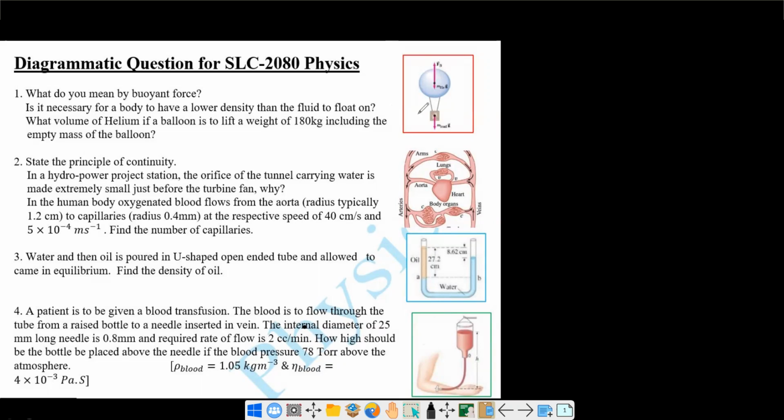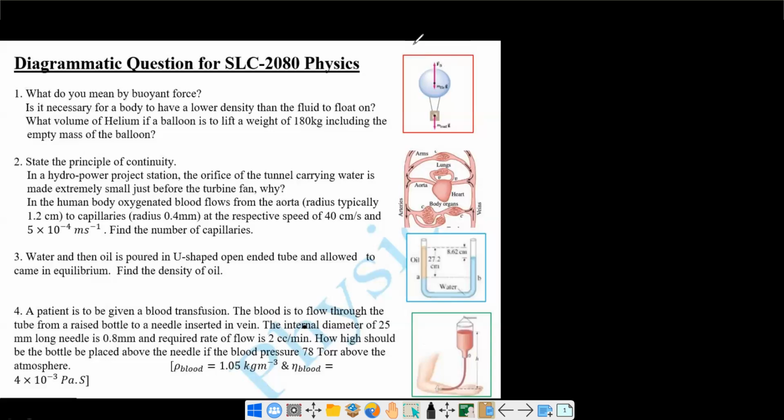Here is a simple mathematical calculation, just from the principle of floating. To float the object in fluid, we know the upward force is given by the buoyant force.